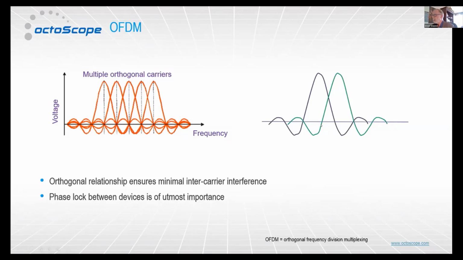If that is not an accurate phase lock, these tones can move across like this, and you can see they generate interference in the adjacent tone. So very important aspect of maintaining accurate phase lock and frequency as well.